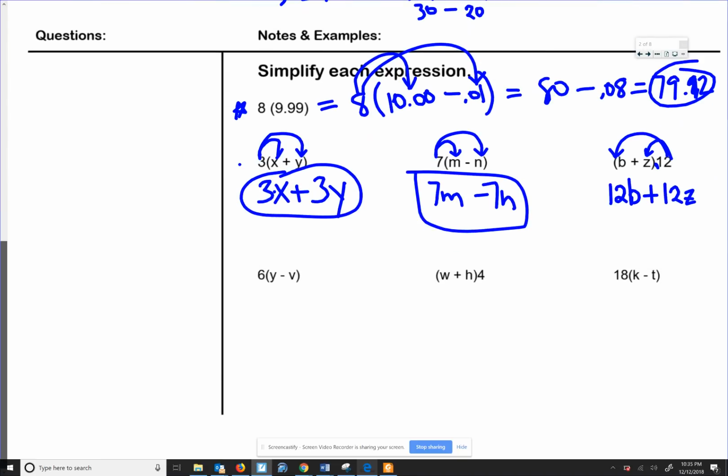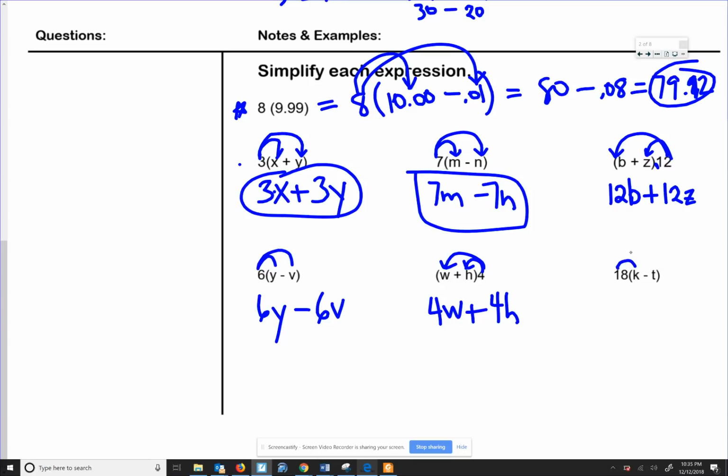All right, let's start doing some more. You start cruising along. Pause the video and check and see how you're doing. Oh, here's another one that's on the right-hand side. It's okay. You're just distributing to both terms inside the parentheses. 4 times w, and I'm going to put my constant 4 in front of the variable. 4 times h.